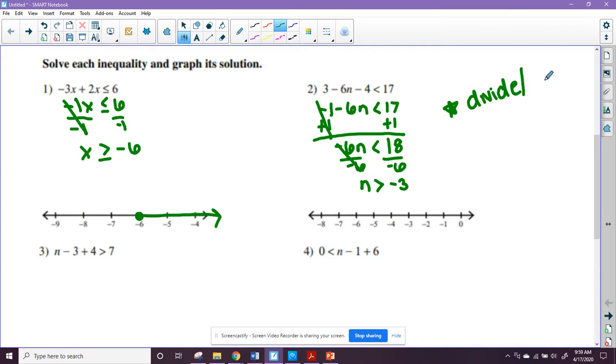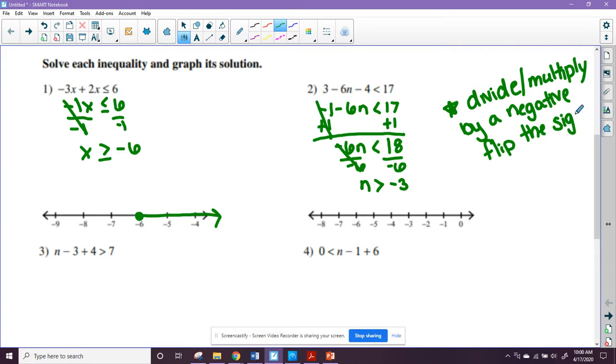So if we divide or multiply by a negative, flip the sign. So now let's graph it. So we go to negative 3, and it's an open circle, and we're graphing to the right.